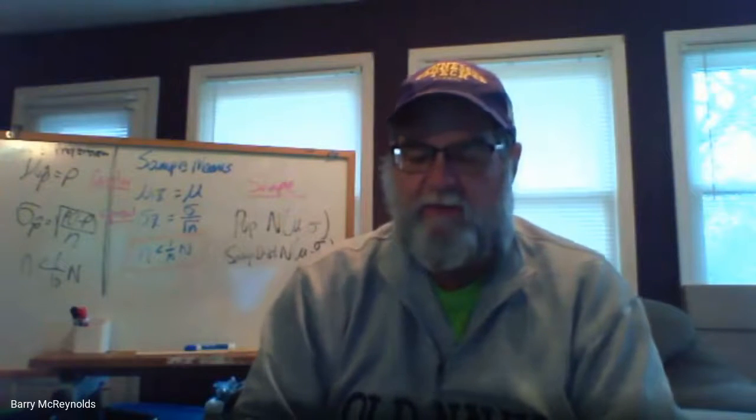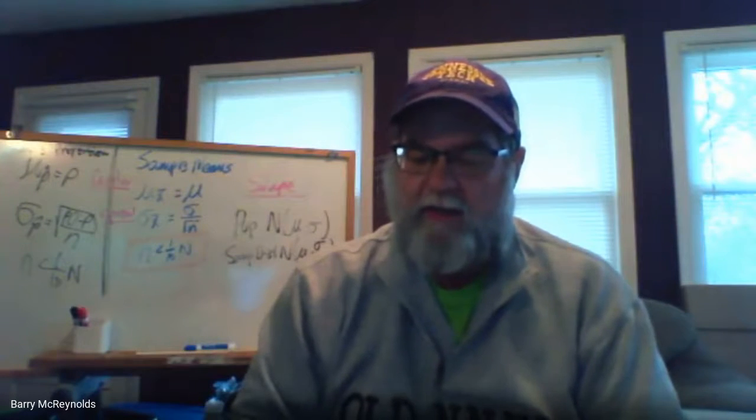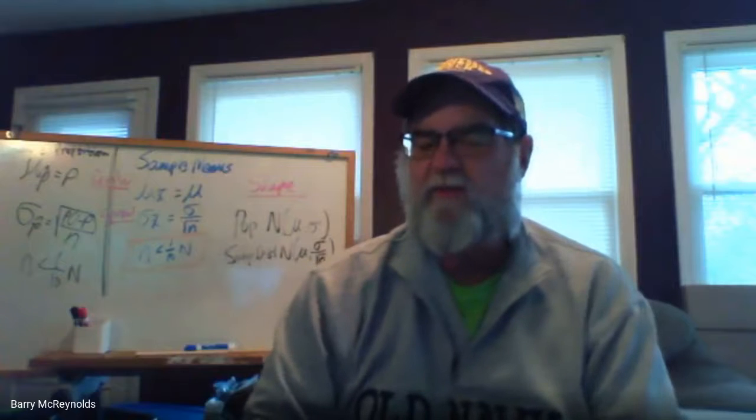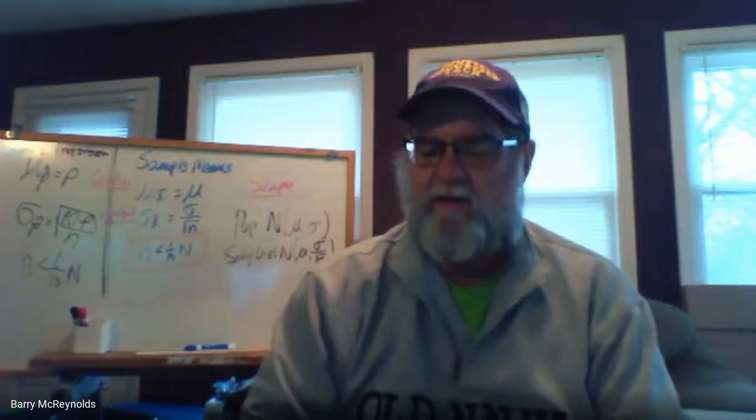So let me just kind of read through it for those of you who don't have your book in front of you. The height of young women follows a normal distribution with a mean of 64.5 inches and a standard deviation of 2.5. Now, we're not given a lot of information here, but I'm assuming this is the population of young women in the United States.